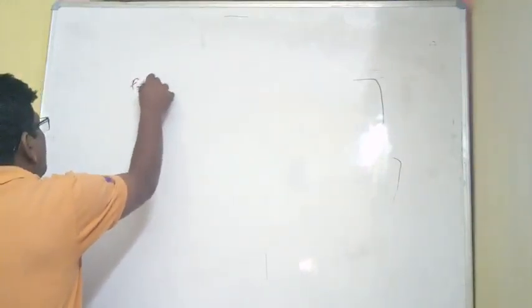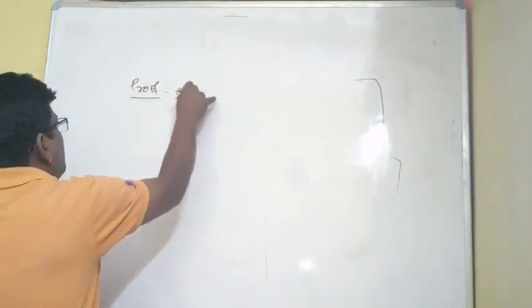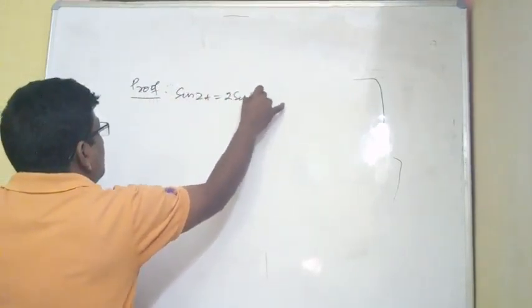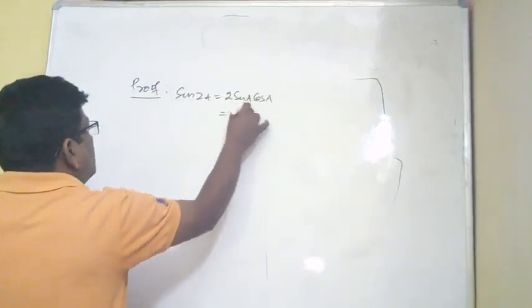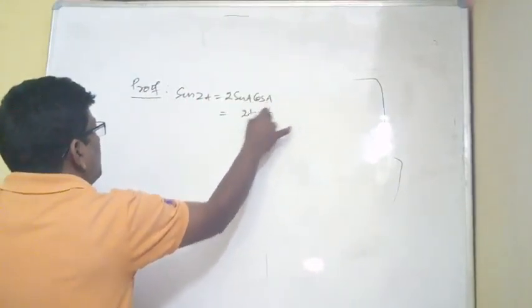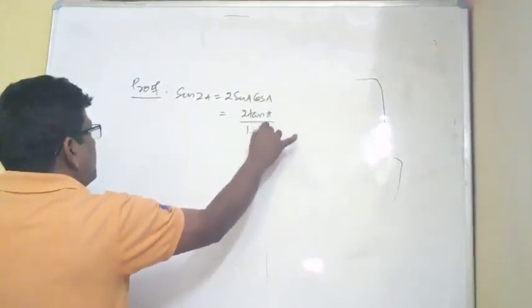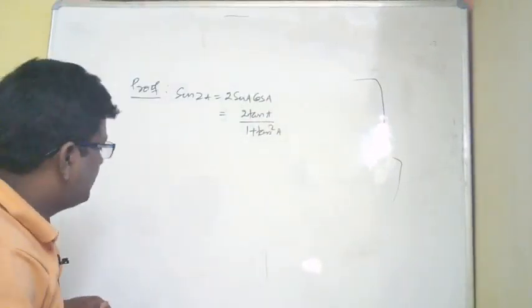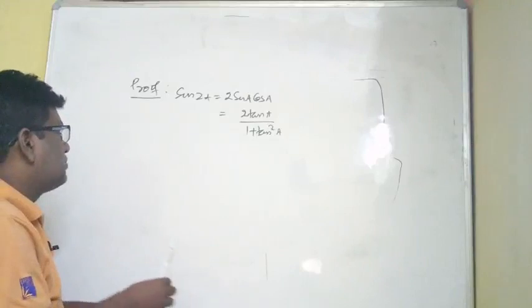Proof of sin 2A is equal to 2 sin A into cos A or 2 tan A by 1 plus tan square A. I will do this only and you follow the same concept.